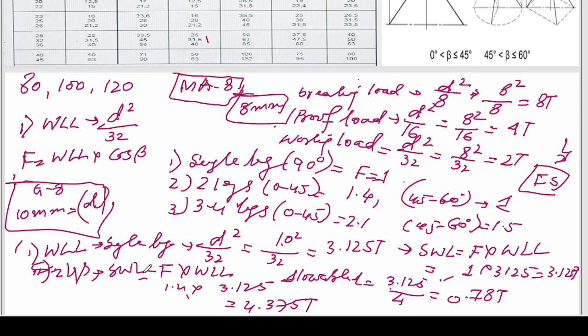This is the SWL. SWL is 4.375 ton for 2 legs, while for a single leg it is 3.125.